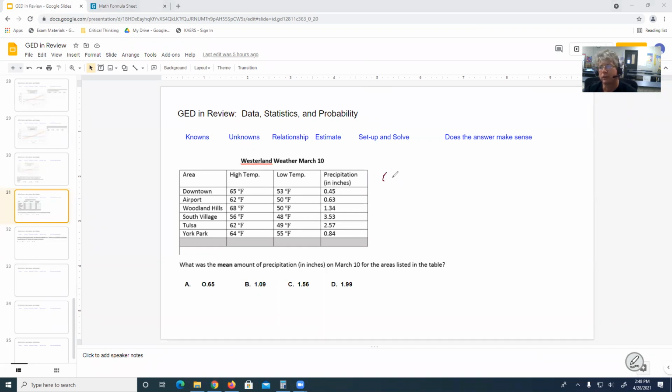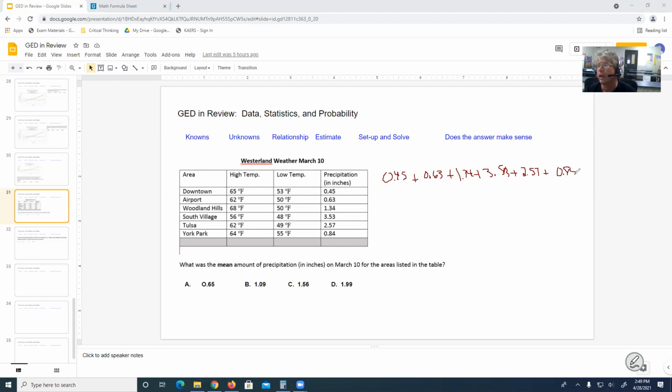So I have to add this 0.45 to 0.63, and add that to 1.34, and add that to 3.53, and add to that 2.57, and add to that 0.84.